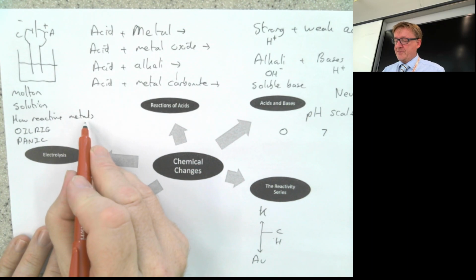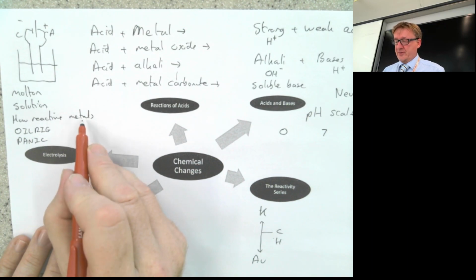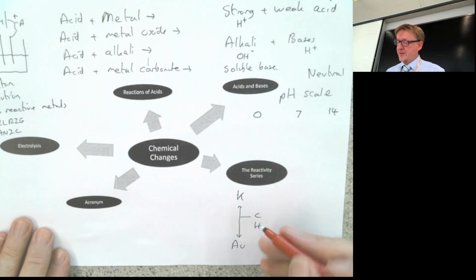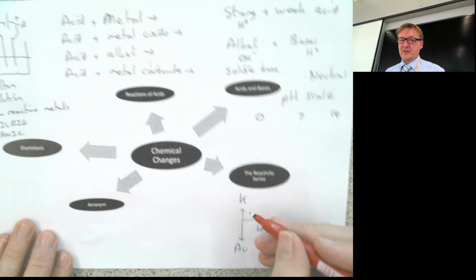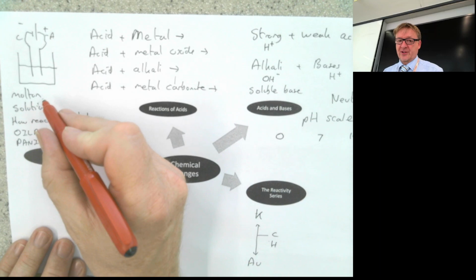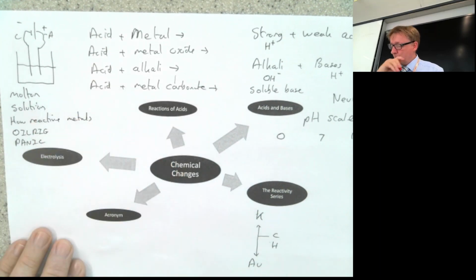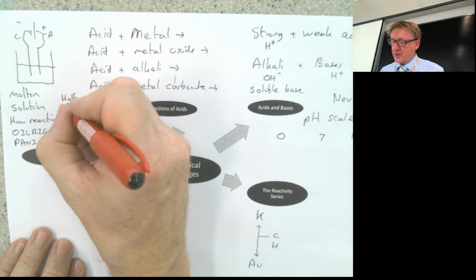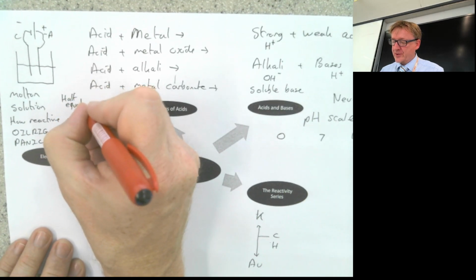The reactivity of metals is all to do with the extraction. Where we talked over here about the reactivity series, anything above carbon is extracted using electrolysis. In this as well, you need to know half equations.